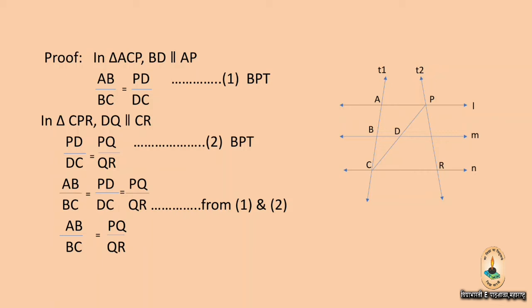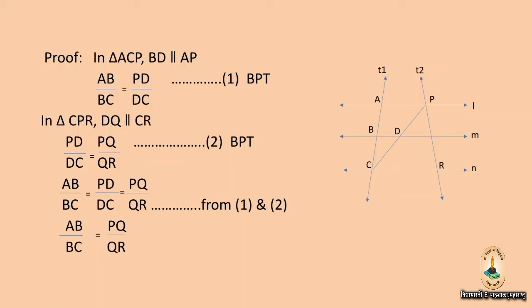The ratio PD upon DC is common in equations 1 and 2, and hence we write AB upon BC equal to PD upon DC equal to PQ upon QR. Reason is from 1 and 2, and therefore AB upon BC equal to PQ upon QR. In this way, we prove the property of three parallel lines and their transversal.